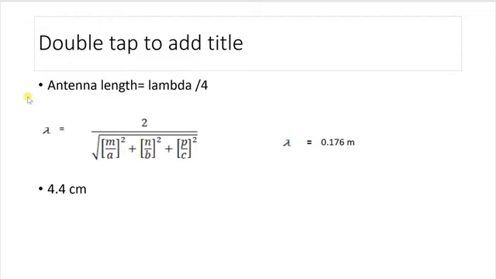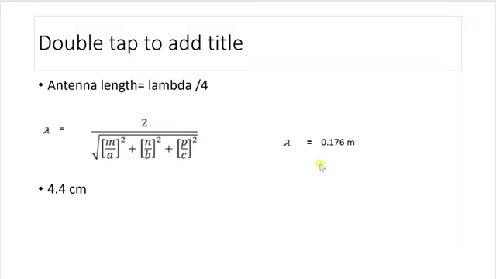Furthermore, according to our book, my antenna must be a quarter of my wavelength to receive back my E field and transmit it. So I have calculated the wavelength by this formula, and I found that my wavelength is 0.176 meters, and a quarter of it is 4.4 centimeters.